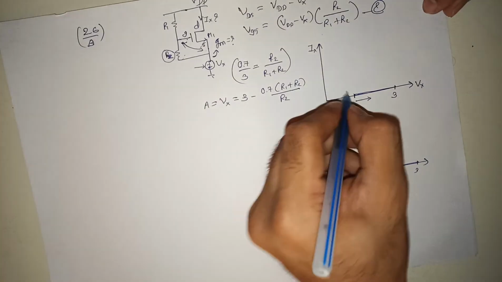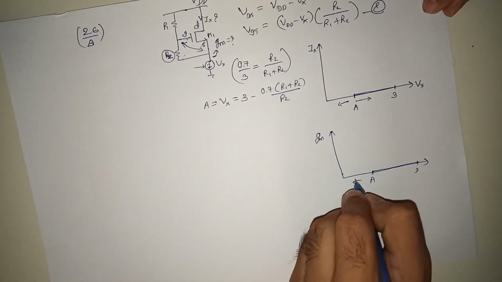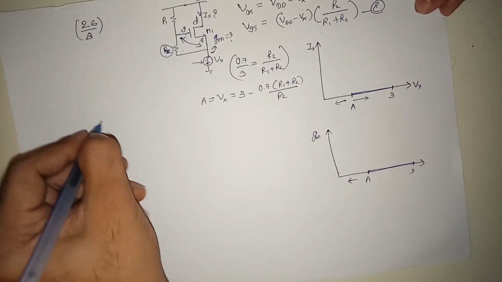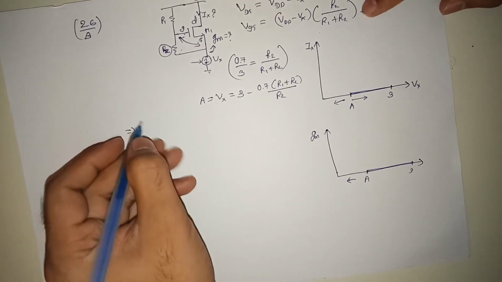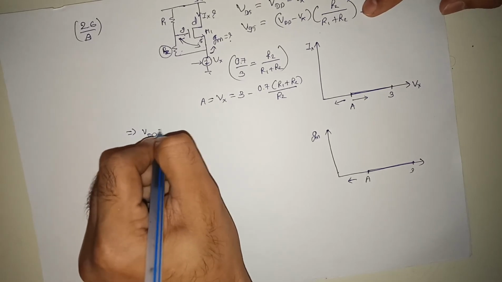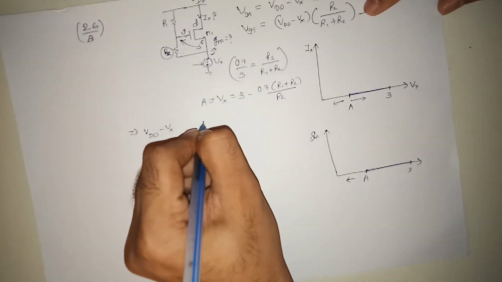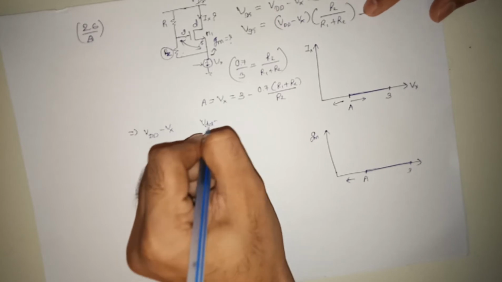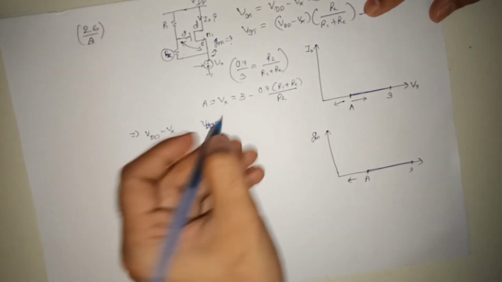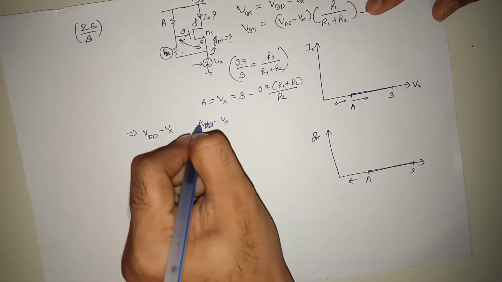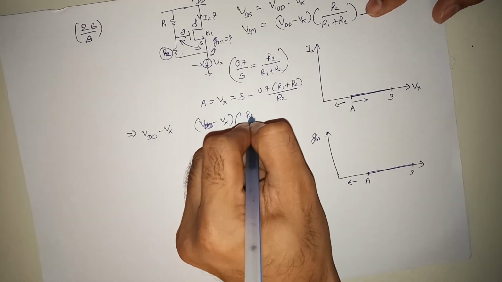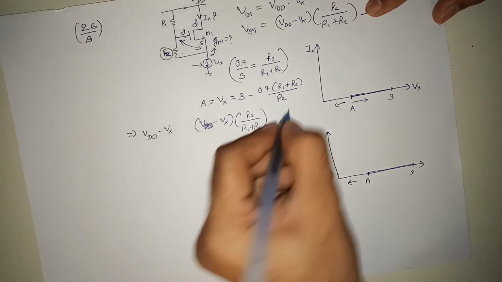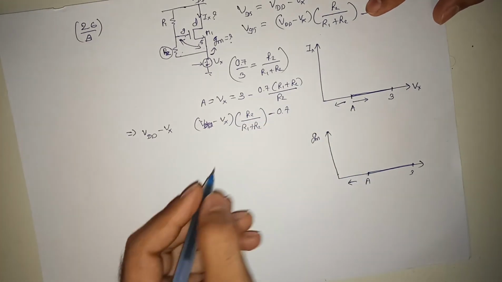Okay. So what will happen for values less than point A? We'll see what VDS is here: VDD minus Vx. And what is VGS minus VTH? That is VDD minus Vx, times R2 by R1 plus R2, minus 0.7.